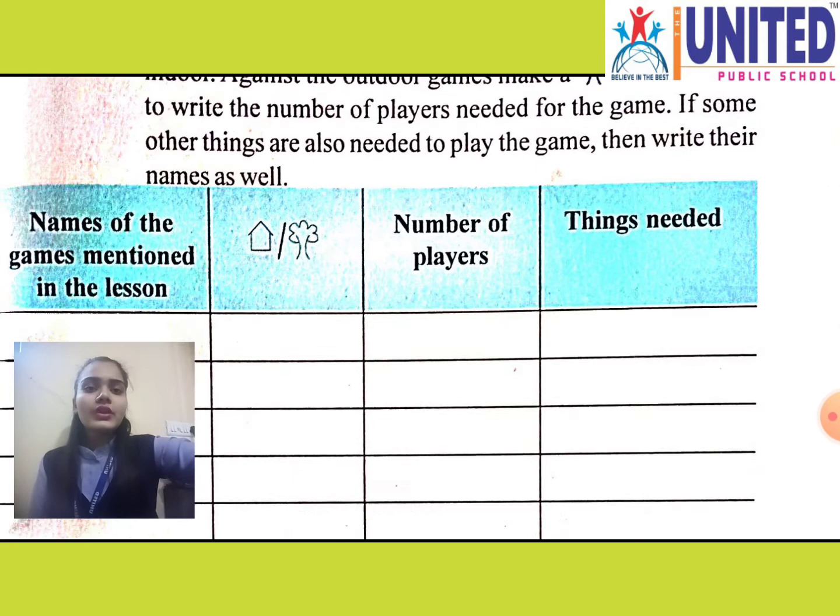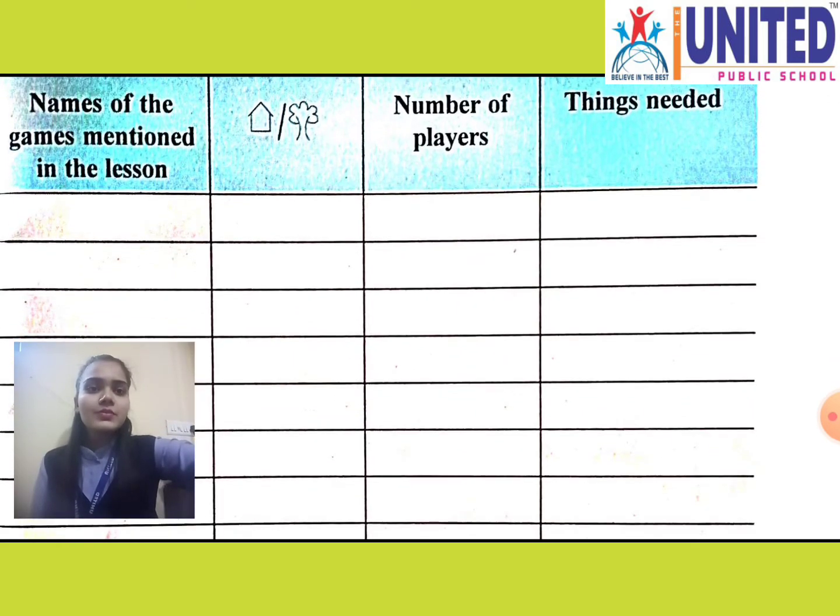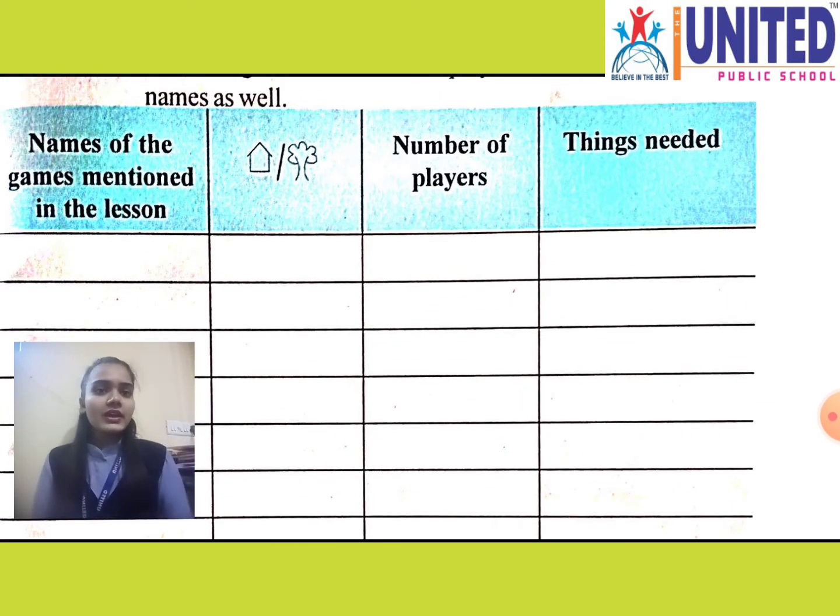Now look here downside in this box, beta, one box is given here, and four columns are given. In the first column, what is written? Names of the games mentioned in the lesson. In this column you have to write down the name of the game that is already mentioned in your lesson, and you know very well which games are mentioned.